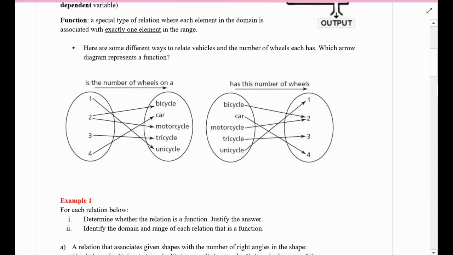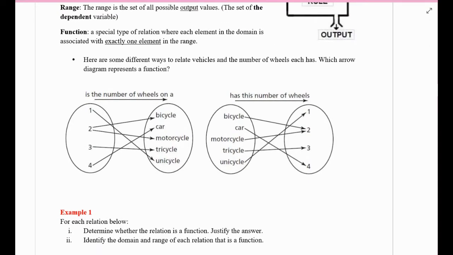Here are some different ways to relate vehicles and the number of wheels each has. Which arrow diagram represents a function? Say the input is the number of wheels, and 1 is the number of wheels on a unicycle.